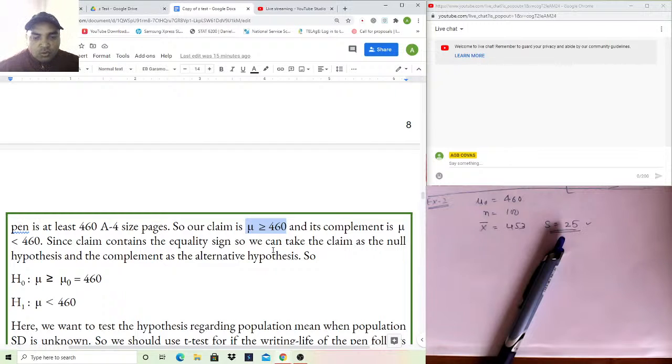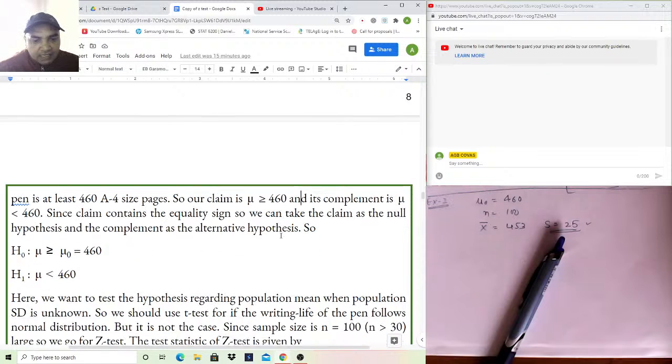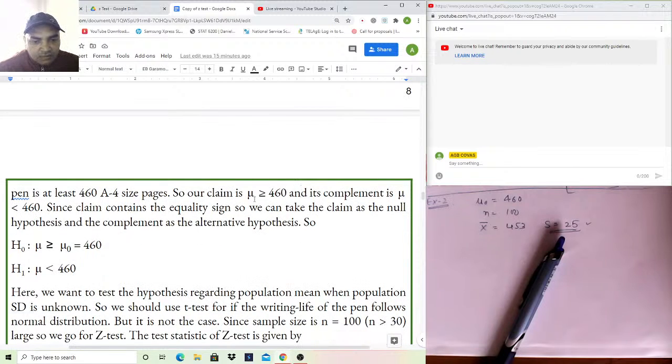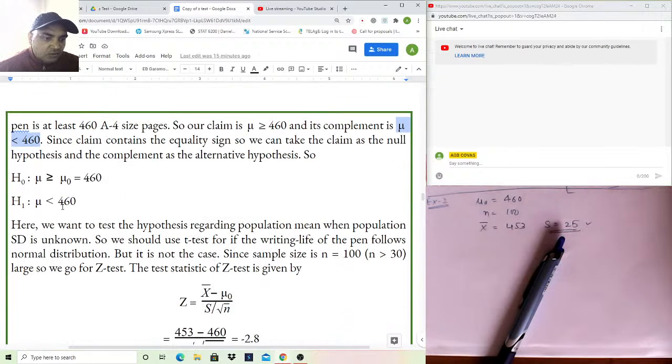Because the equality sign is here, this will be our null hypothesis, and the mean less than 460, that is the claim of the manufacturing company, will be your alternative hypothesis. So the mean greater than or equal to 460 is your null hypothesis, and the mean less than 460 is your alternative hypothesis.